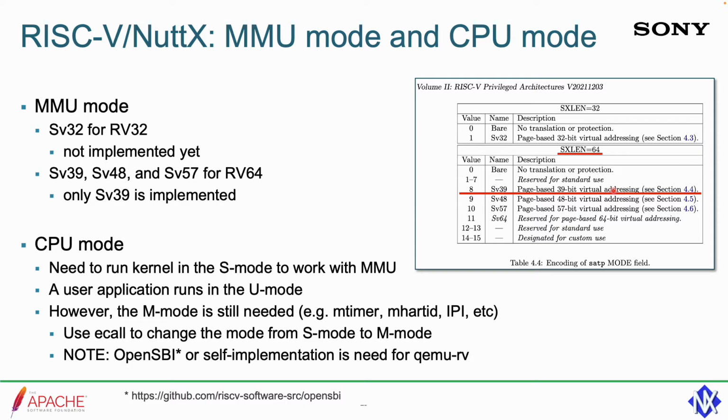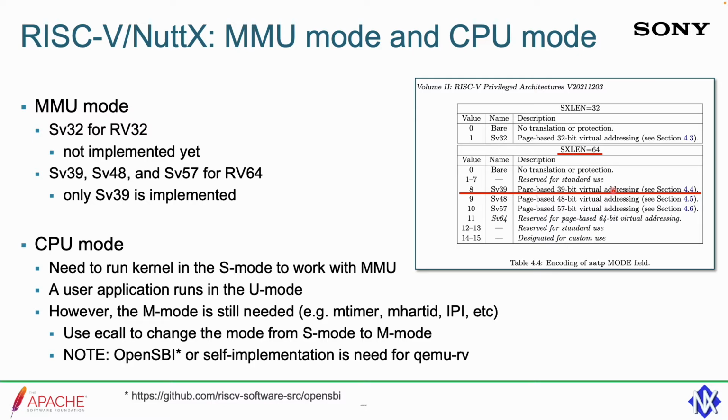From here, I explain the RISC-V NuttX implementation. In the RISC-V specification, there are some MMU modes defined, such as SV32 for RV32 architecture, and SV39, SV48, and SV57 for RV64 architecture.